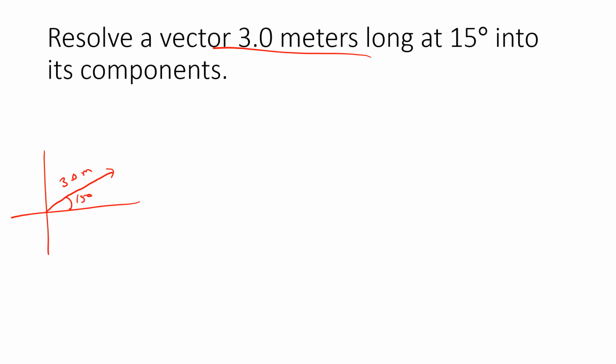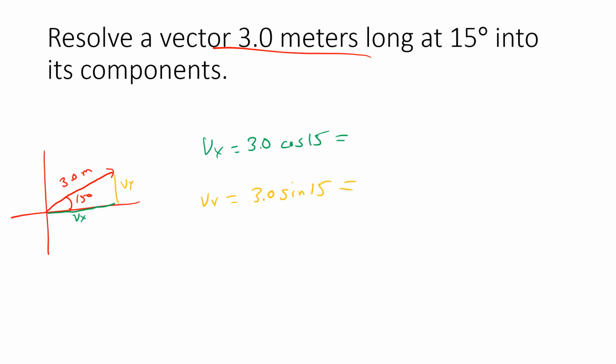And I'm trying to find my x component and my y component. So Vx equals my vector 3.0 cosine 15. My y component is my sine, so 3.0 sine 15.